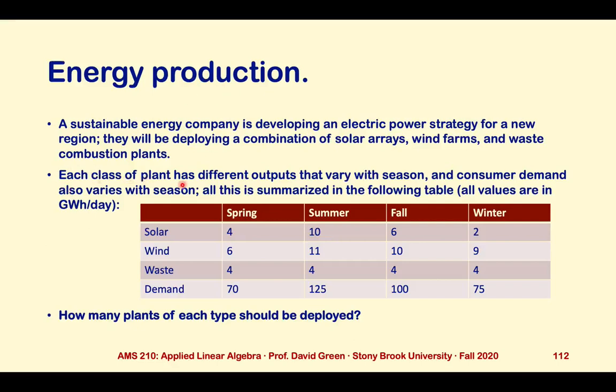Each of these plants has an output that varies with season, and consumer demand also varies with season. The exact details are all summarized in this table here, with the numbers given in gigawatt hours per day for both production per plant and consumer demand.